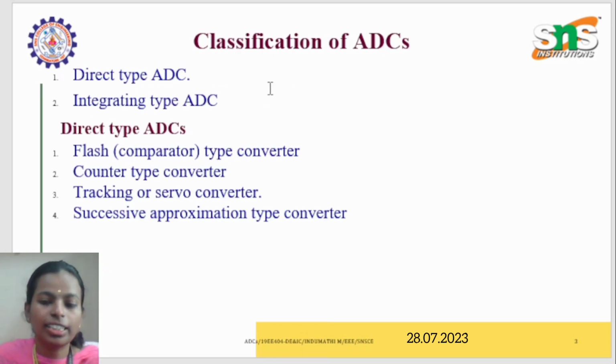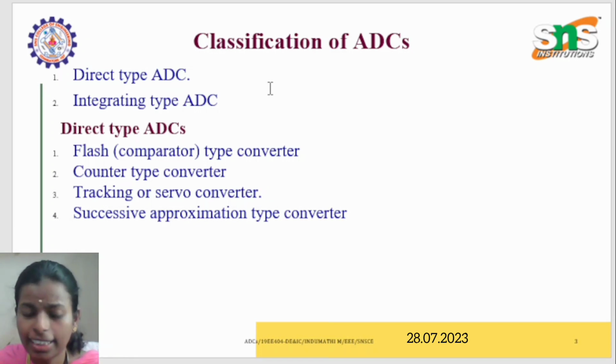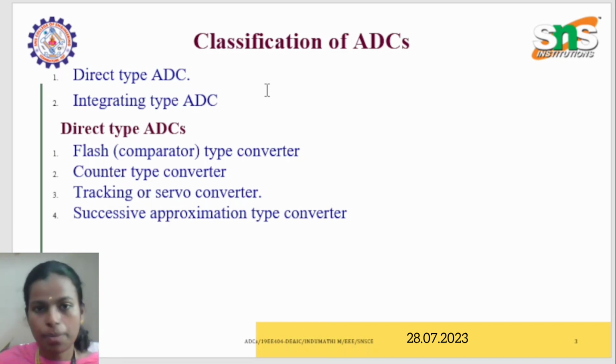Now we come to the classification of ADC. We have two types: direct type ADC and integrating type ADC. In direct type ADCs, we have the flash type converter, counter type converter, tracking or servo converter, and successive approximation type converter. These are the classifications.